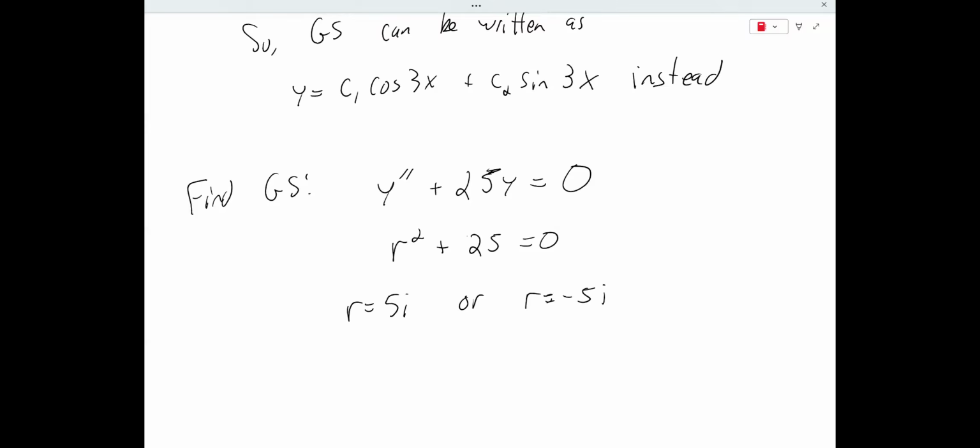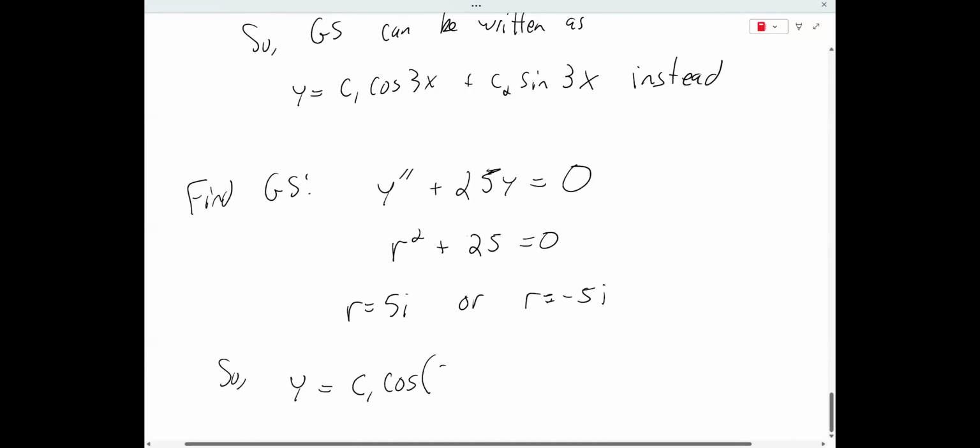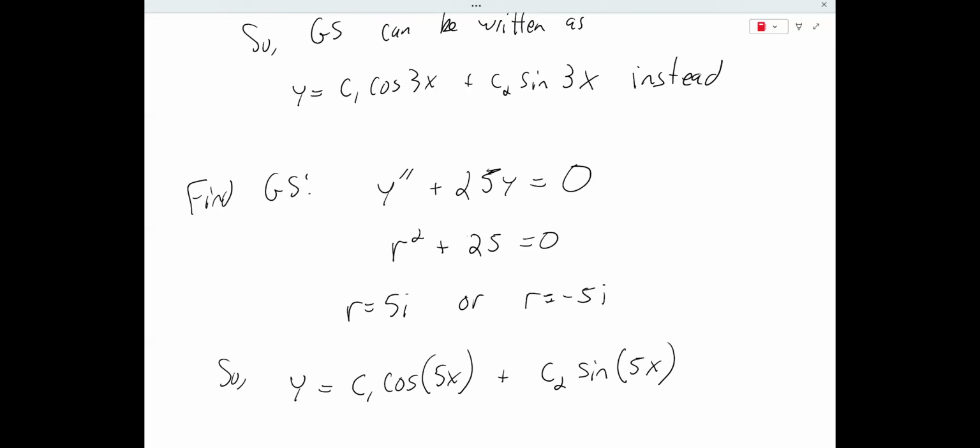So your general solution you can just write like this: C1 cosine 5x plus C2 sine 5x.